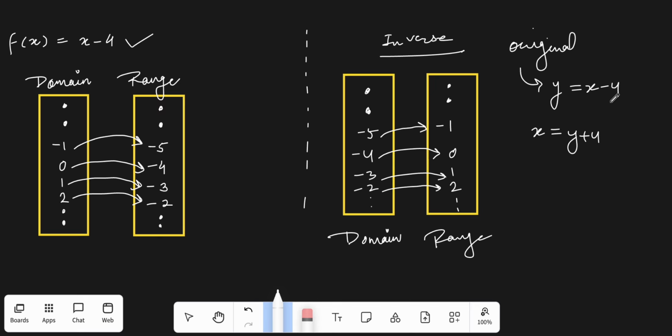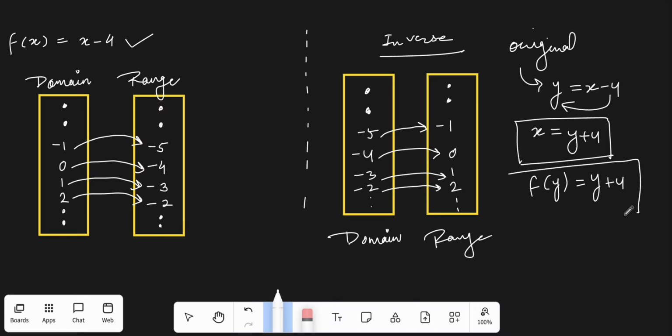What I just did is send this 4 to the right hand side and the sign changes. So this is the new function, written in terms of y, making x the subject. We can say that this is a function of y, which is y plus 4, where f of y is actually x. X is a function of y now.